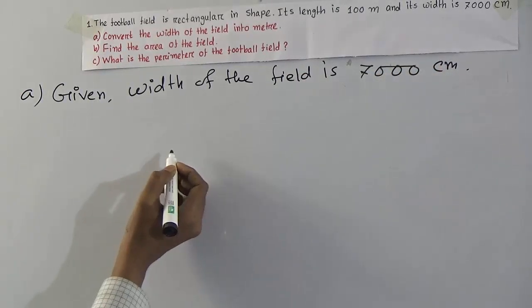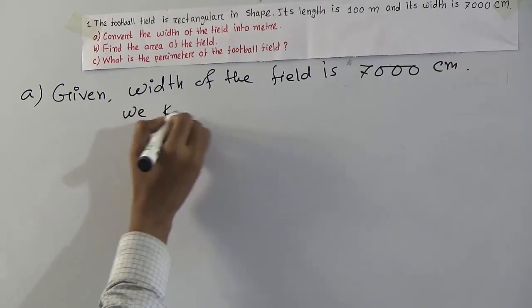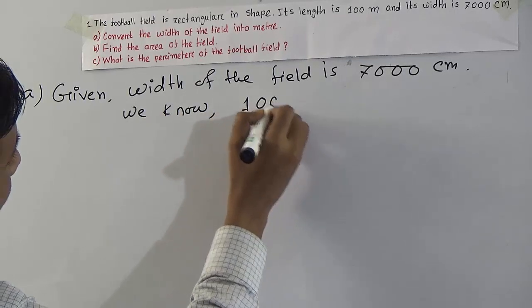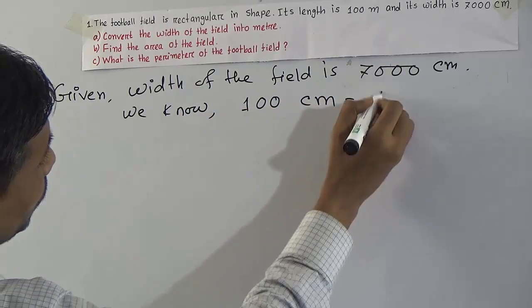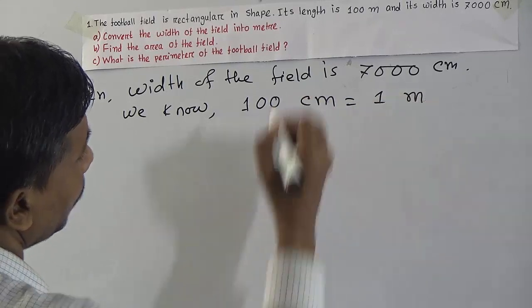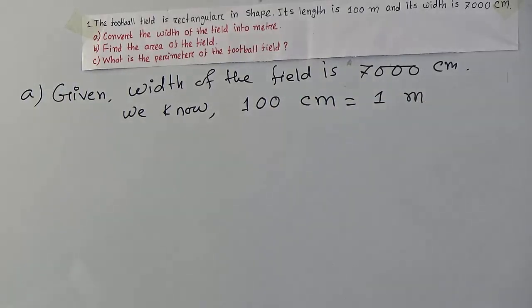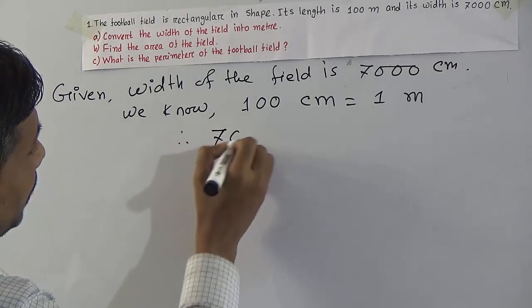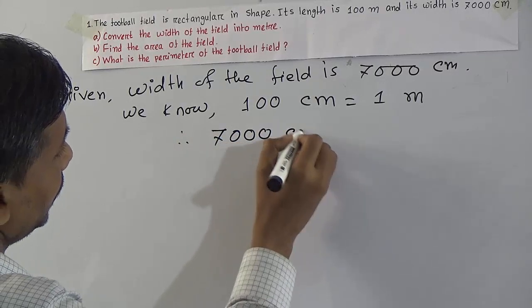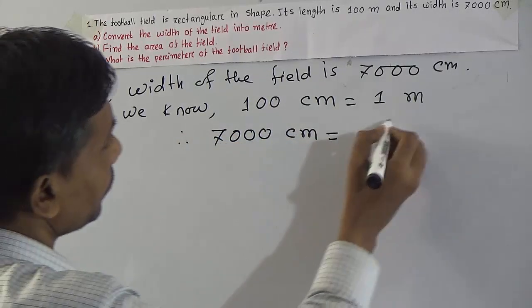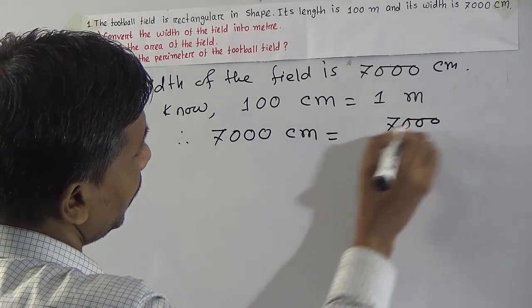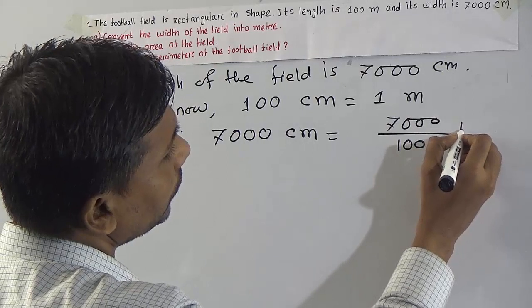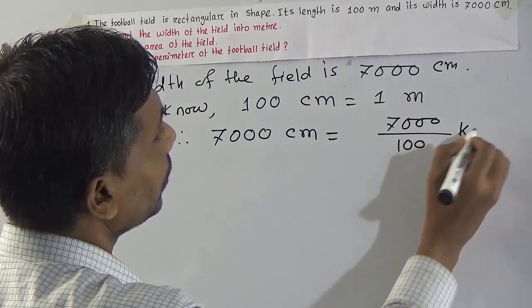Okay, we know 100 centimeters equal to 1 meter. Therefore, 7,000 centimeters equal to 7,000 by 100, and this will be what? Meters.